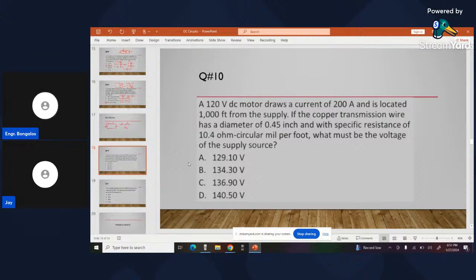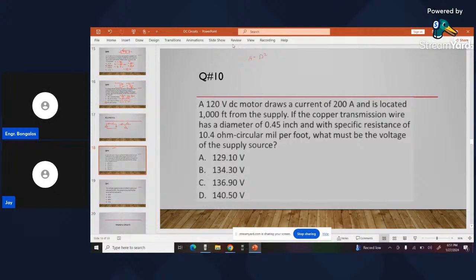So first, kailangan muna natin hanapin yung area ng wire, kasi kailangan natin hanapin yung resistance. So, area ng wire, meron tayong puwede natin gawin D squared. Ano ba yung D dito?